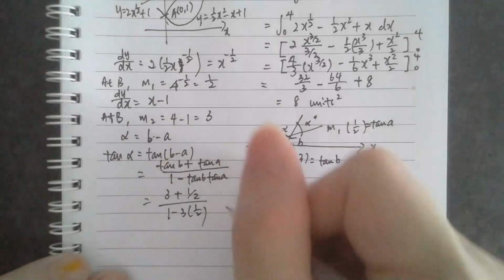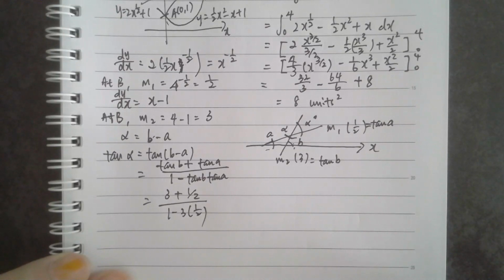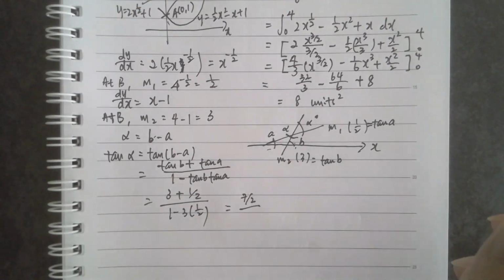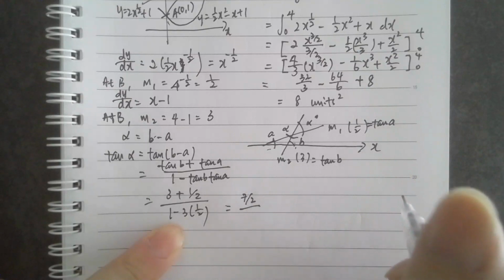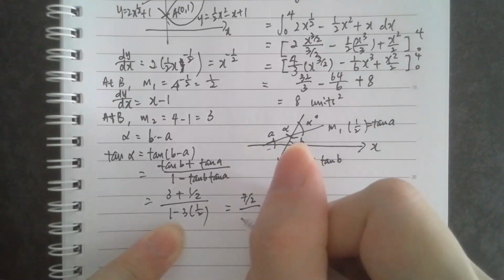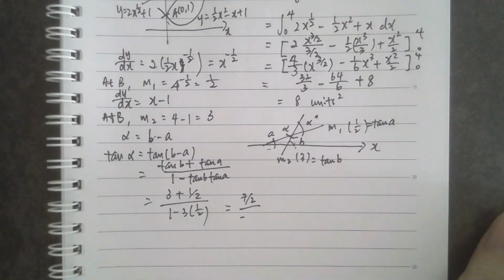So that would be 3 and a half, which is 7 over 2, over 1 minus 1 and a half, which is, wait a minute.